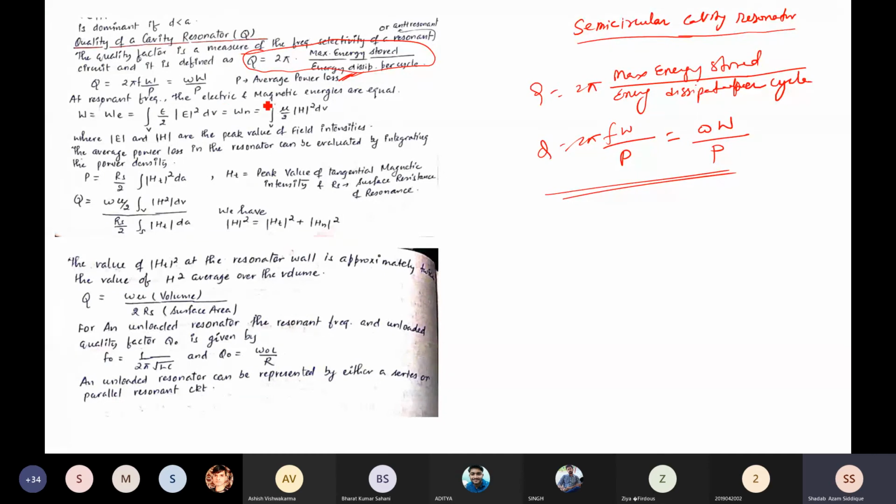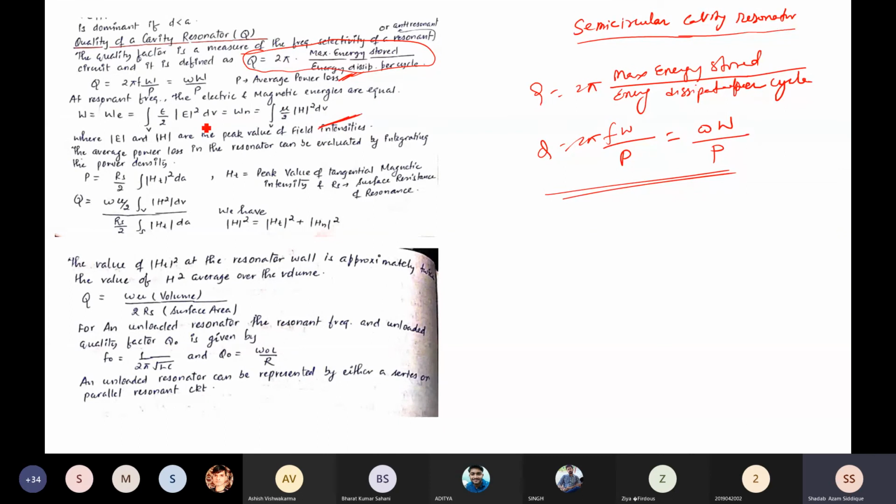That is the volume integral of epsilon by 2 E square dV, which is equal to the magnetic energy, mu by 2 H square dV. So the electric energy and magnetic energy are both equal. That is represented by these two equations, and E and H are the peak values of electric field intensity as well as magnetic field intensity.